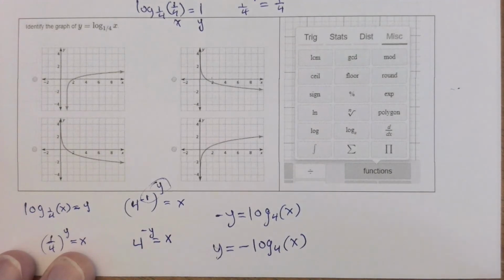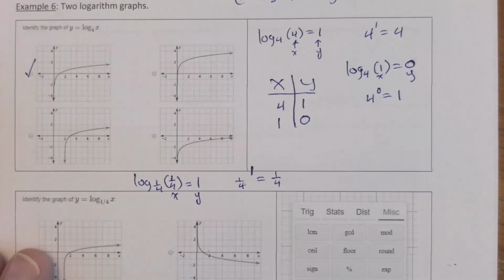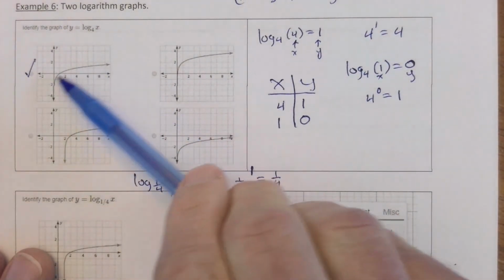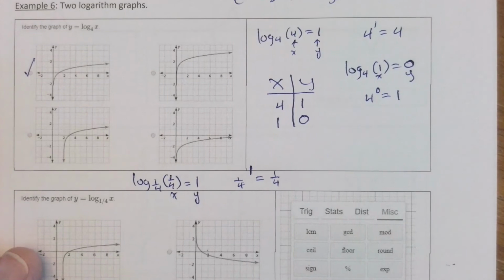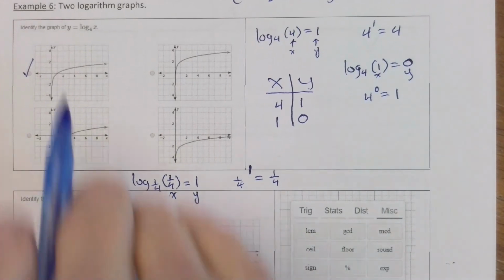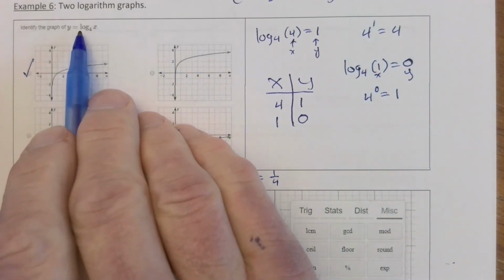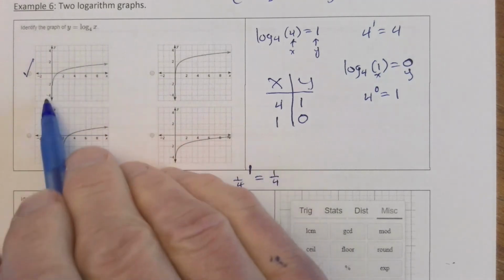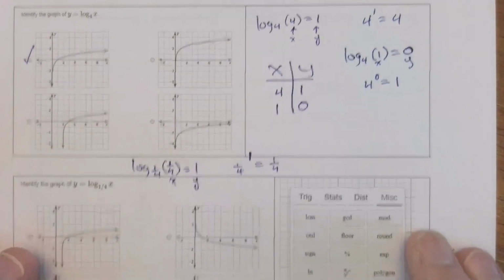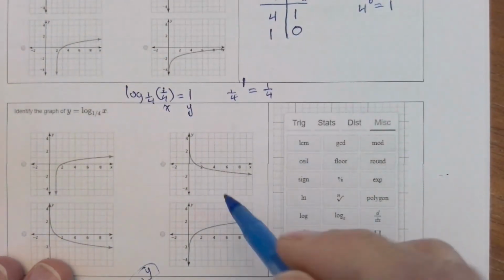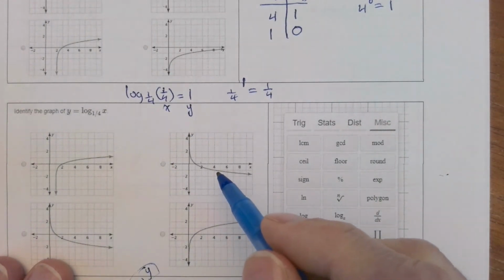So this is related to the problem we did up above. Up here we did a base 4 log, and we picked this, and now we're saying that we have stumbled over something that should just be the opposite of the base 4 log. Well, that would flip this graph over the x-axis and make it look exactly like this.